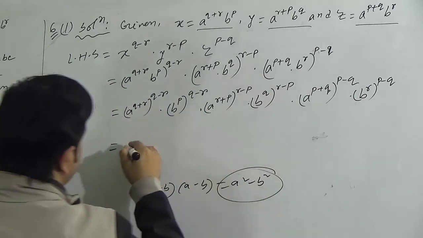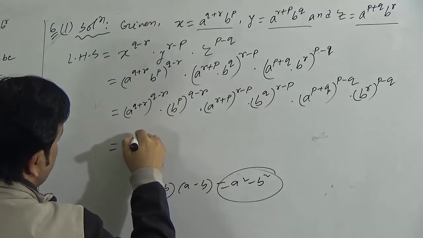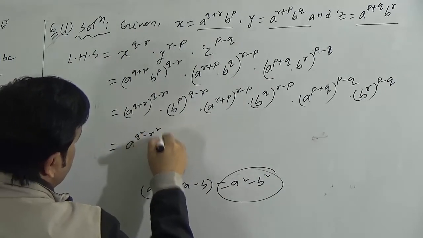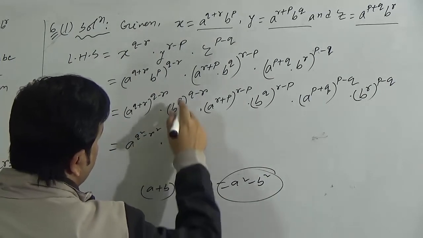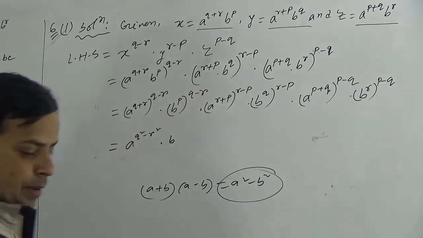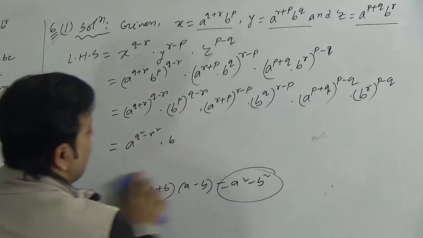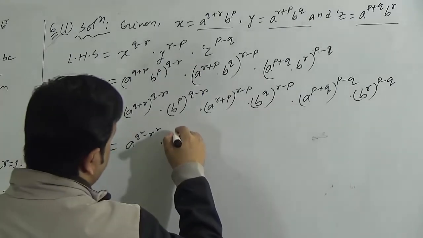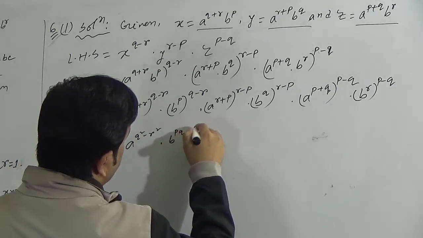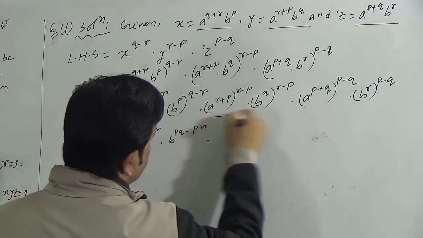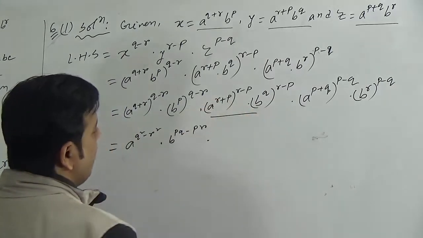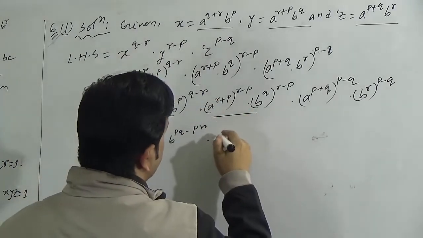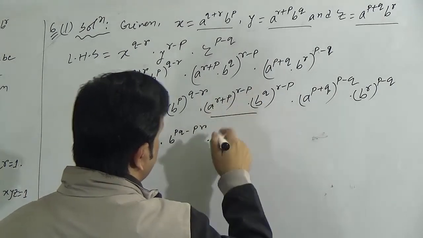So according to this formula, we can write here a^(q²-r²) into b to the power, we need to multiply this by p. We need to multiply q-r by p. So we can write here b^(pq-pr), and then the next term is (a^(r+p))^(r-p).